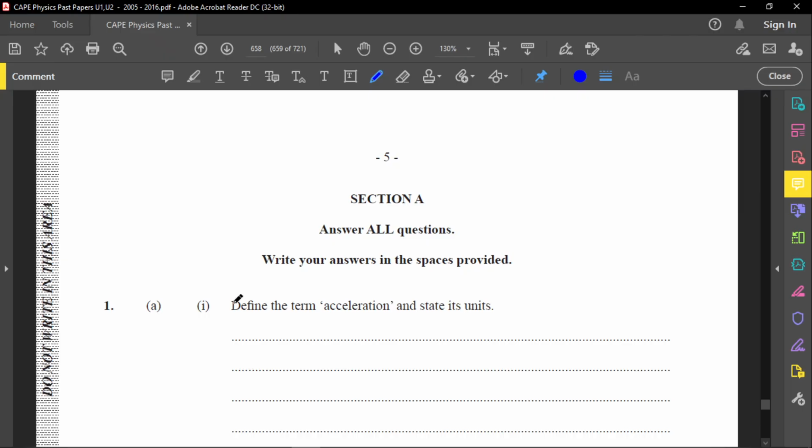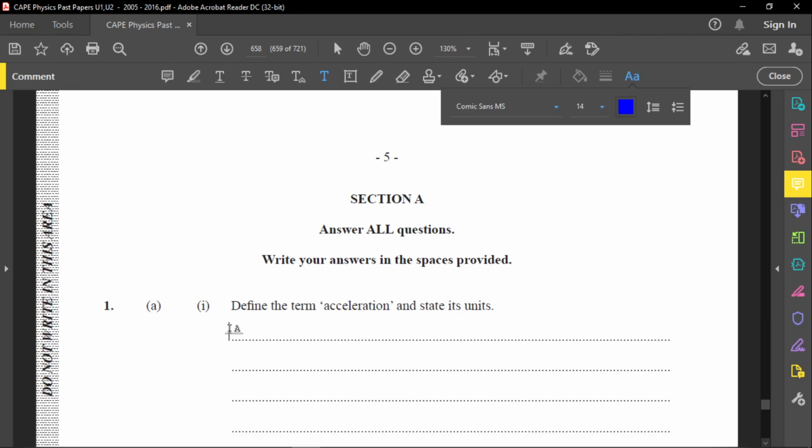The first question reads, define the term acceleration and state its units. And so let's quickly define acceleration. This is the rate at which velocity changes, or you could define it as the change in velocity over time.